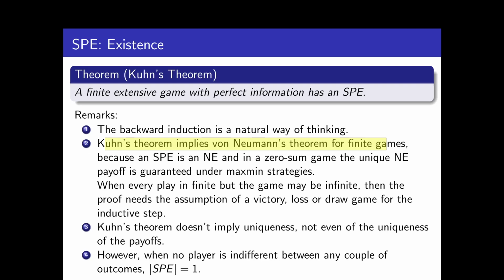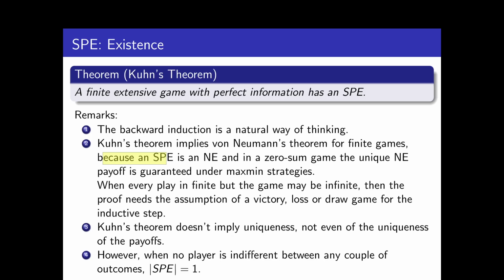When the games are finite, we can see that the theorem we've just proved strictly implies the theorem for victory, loss, or draw games. Actually, in the book by Osborne and Rubinstein, they prove only this one, the theorem we've now proved.